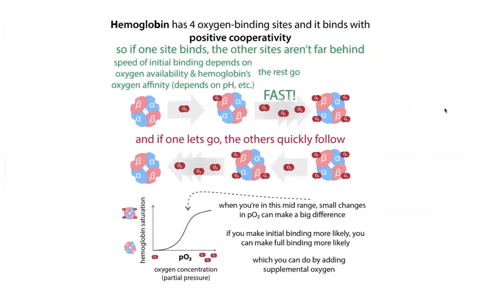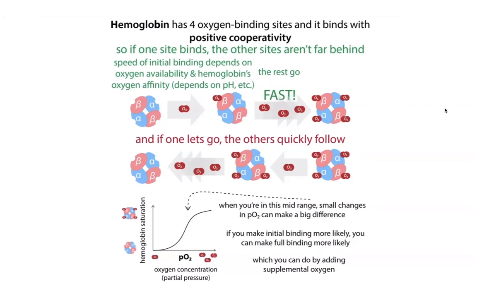So hemoglobin, it has 4 binding sites for oxygen, and it binds cooperatively, which means that when oxygen binds one site, it makes the other sites more likely to bind. And so even though it's linear, you're going to get the sigmoidal curve. If you were to plot it on a log scale, you would get an even steeper sigmoidal curve.